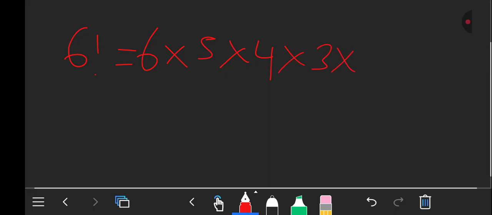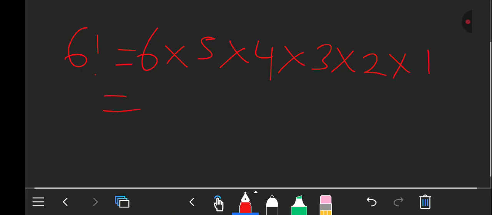What if you have, let's say, 6 factorial? 6 factorial simply means that you multiply 6 by 5 by 4 by 3 by 2 by 1.